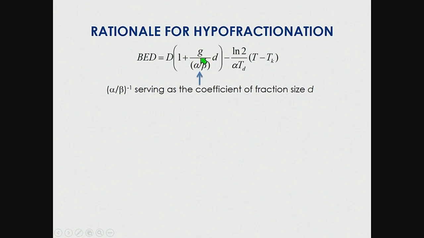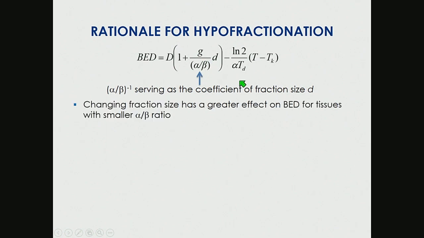And this inverse of the alpha beta ratio basically serves as a coefficient for the fraction size. So if we increase the fraction size, tissues with a smaller alpha beta ratio will see a more effective dose. Tissues with a smaller alpha beta ratio are going to be more sensitive when you change your fraction size.